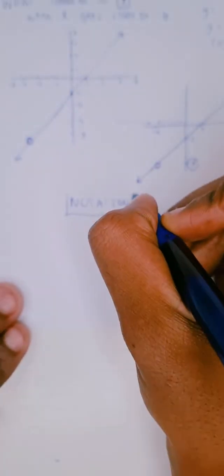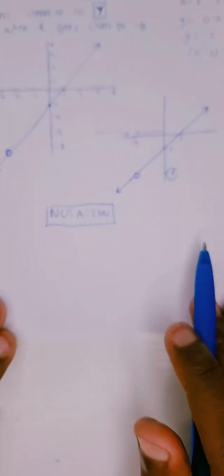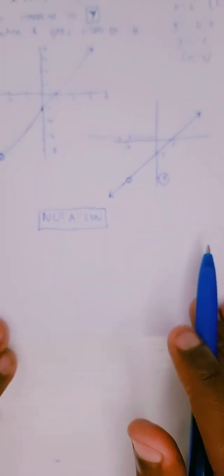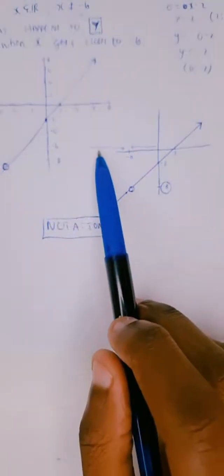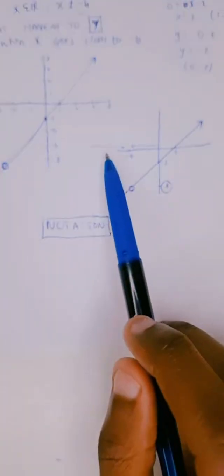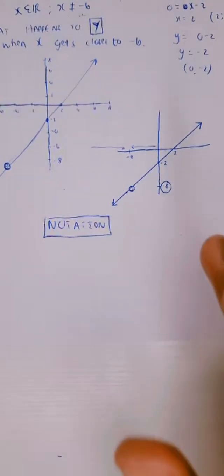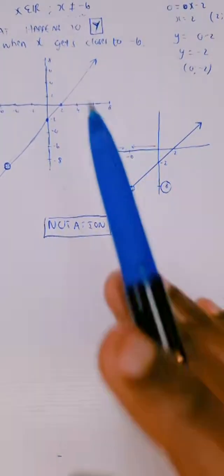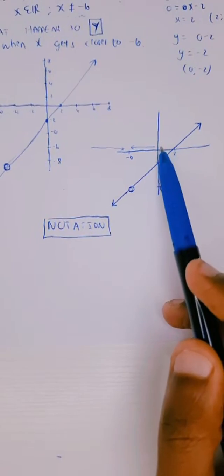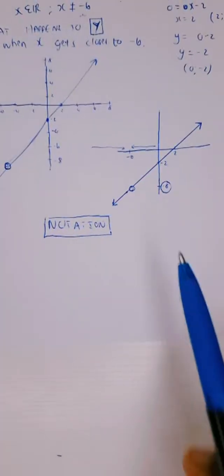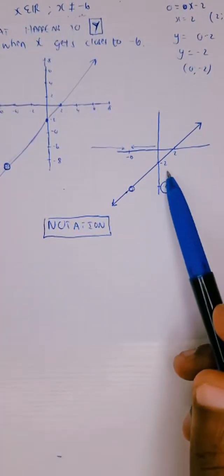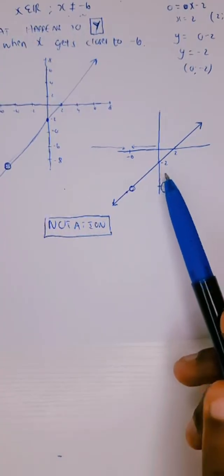The notation we use to explain this is what we call the limit concept. The limit concept explains this sort of phenomenon where, for your domain, a certain x value is approached, and as x is approached from the right and from the left, there is a specific y value that is what we call the limit.